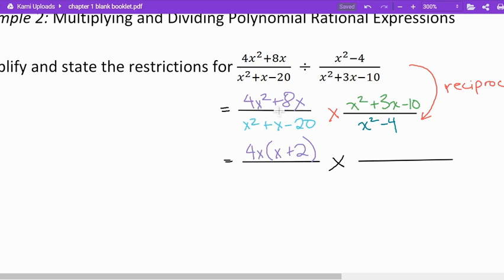So that's a common factor. Plus times. So here I've got a trinomial. Okay, my two magic numbers are 5 and -4. Another trinomial.